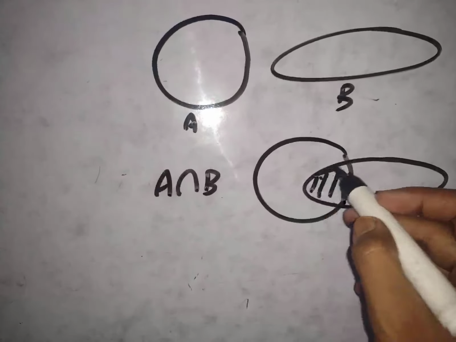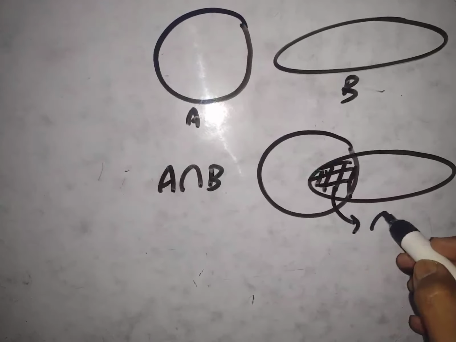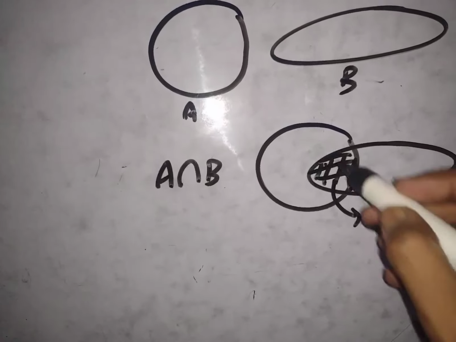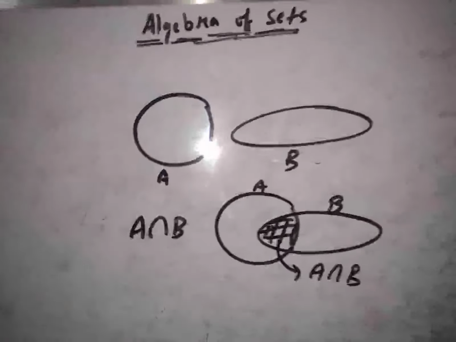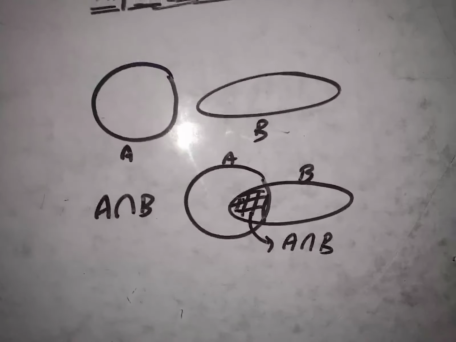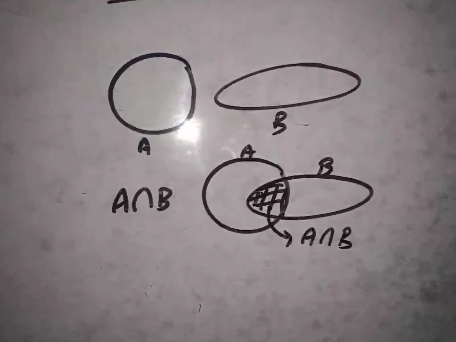So this region is A intersection B. That's how we can represent intersection with the help of a diagram that's called a Venn diagram.